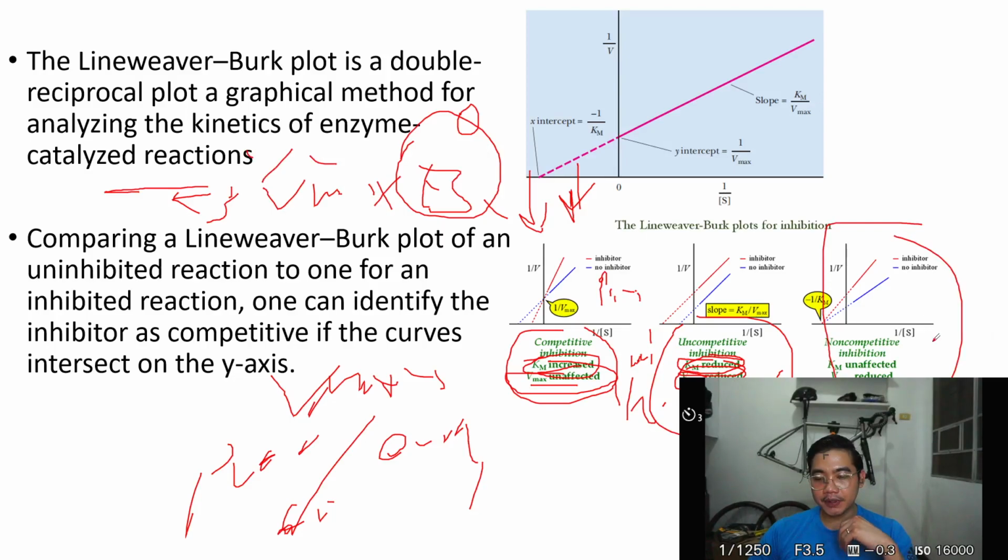And then your non-competitive inhibition, so your Km is unaffected. So you can still reach your one half Vmax, but your Vmax is reduced because your total enzymes were reduced. So you can still reach your Km, but you can no longer get your total.